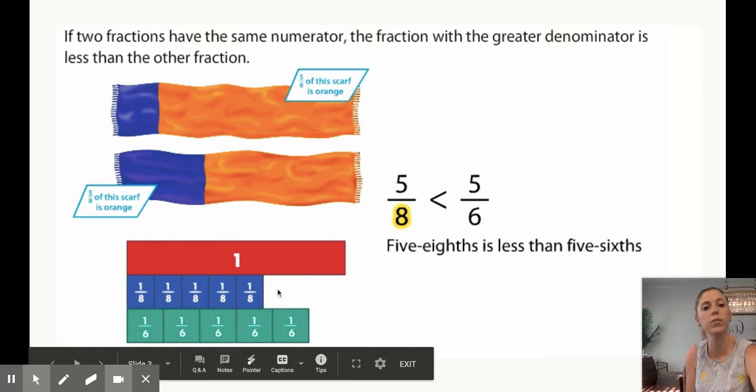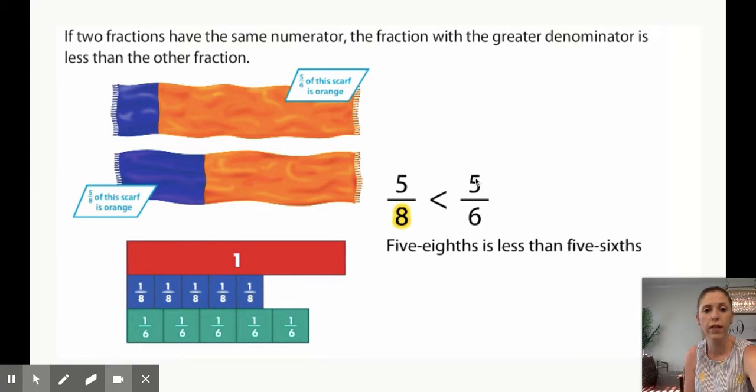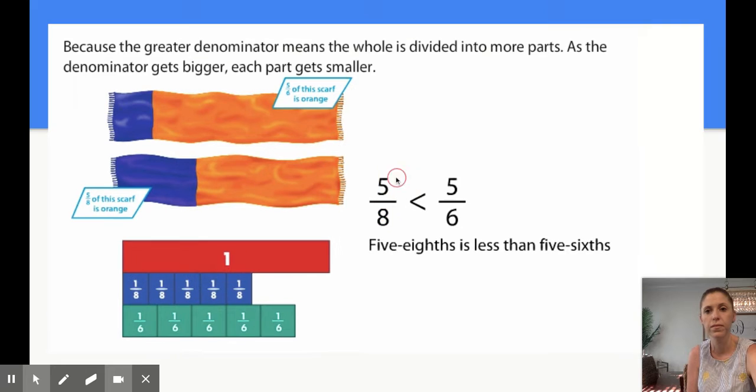I know that's true because 5/6 is closer to 1 whole. 5 is only 1 number away from 6, whereas 5 is 3 numbers away from 8. So 5/6 is greater because it's closer to 1 whole.